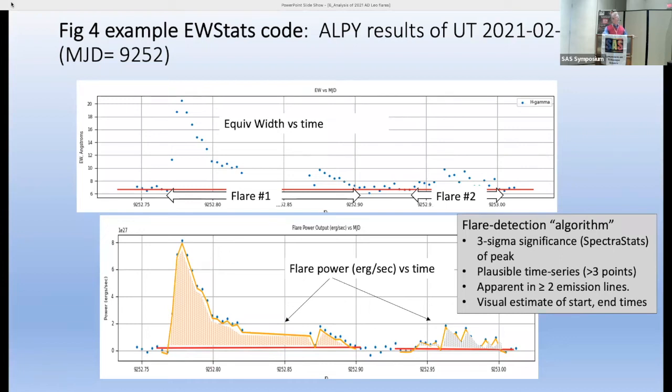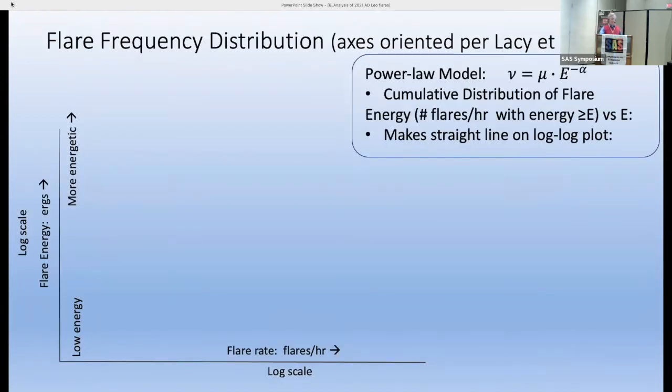A plausible shape of equivalent width versus time spanning at least 3 data points above the quiescent level, visible in at least 2 emission lines, and then make a visual estimate of start and end times. Get the energy in each of the flares in the database.